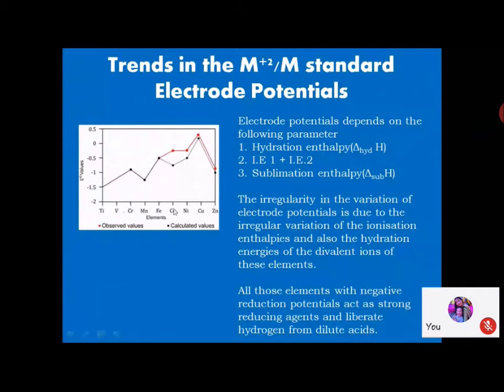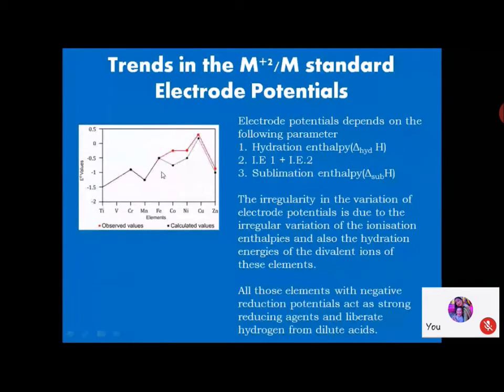The red one is the observed value, the black one is the calculated value. Up to iron, observed and calculated values are the same, but from cobalt, nickel, copper and zinc there is a large variation and difference.